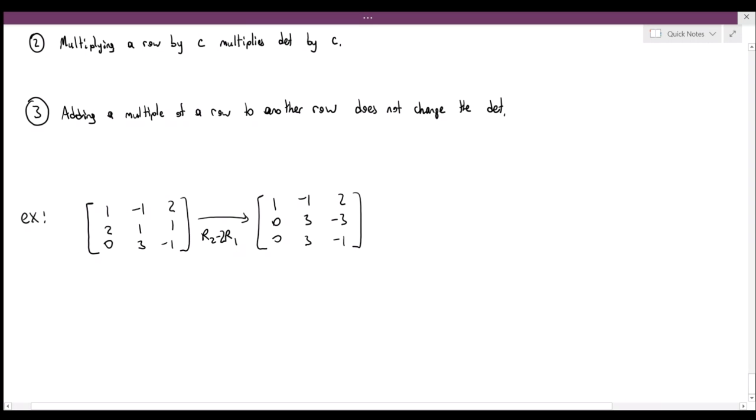And then let's say I do one more row operation, which is row 3 minus row 2, just to get it into the usual upper triangular form.